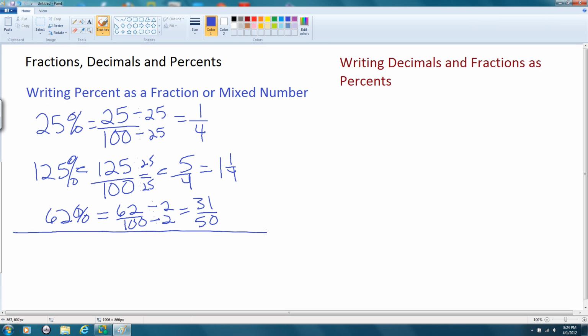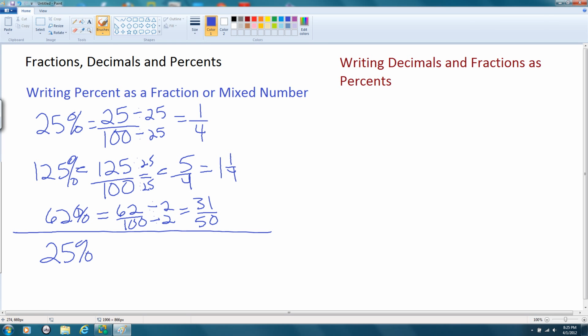Now I'm going to change from a percent to a decimal. So let's say I have 25%. This is super easy.